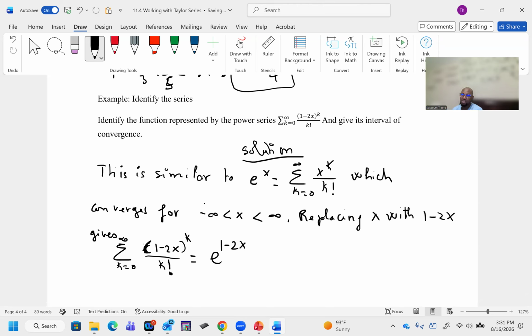And this replacement is allowed because 1 minus 2x is within the interval of convergence, right? Of this series for e to the power of x.